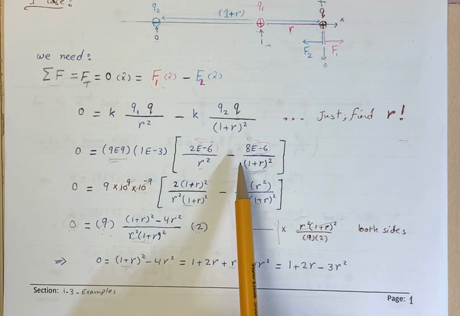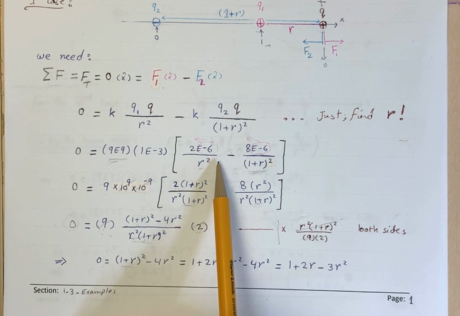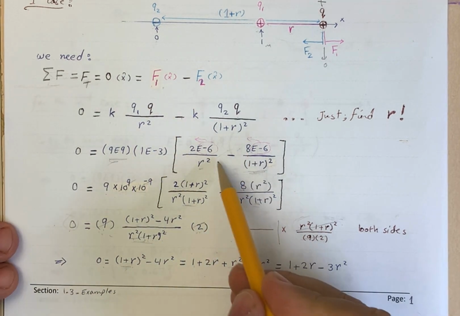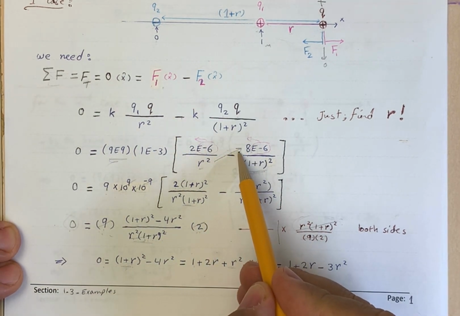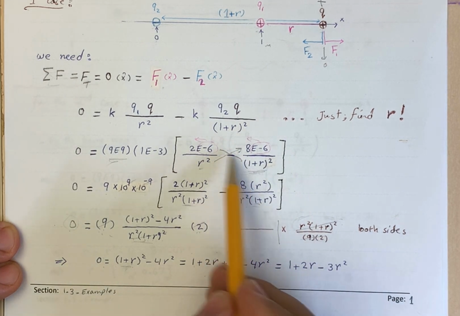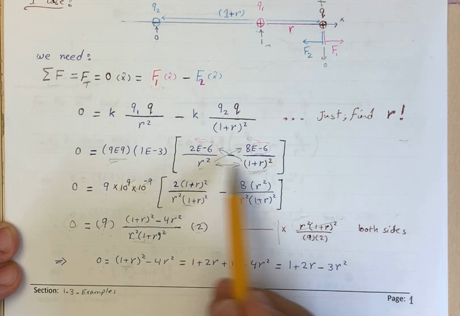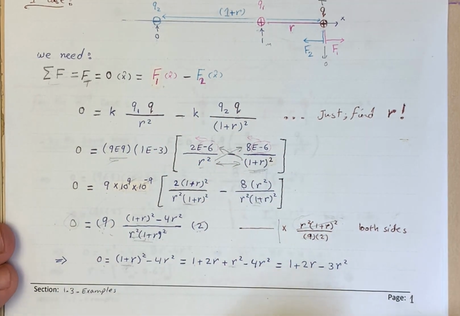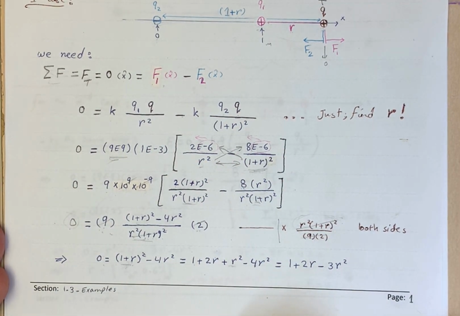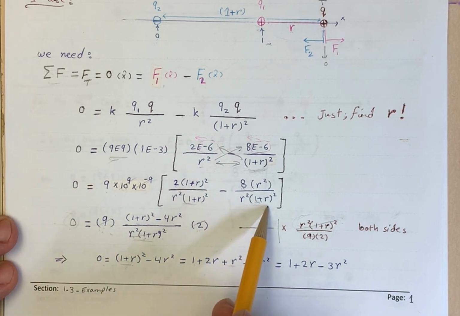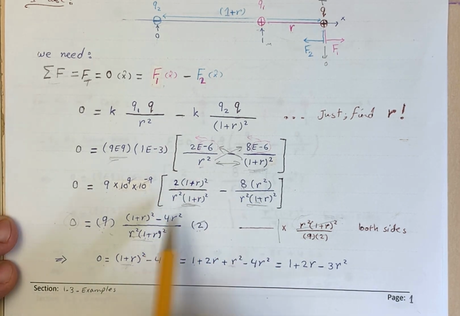And we need to unify the denominators. As you see, I can multiply the first denominator by this denominator, and also the same for this term. We also need to multiply by both of them. We are unifying the denominator, which is a math step. So the common denominator is the same.